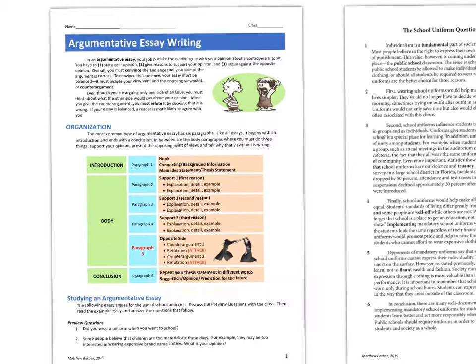So this gives you a good visual of what the structure will look like: introduction, body, conclusion, and how the body paragraphs fit in. It's worth taking your time to look at that and understand how that works.